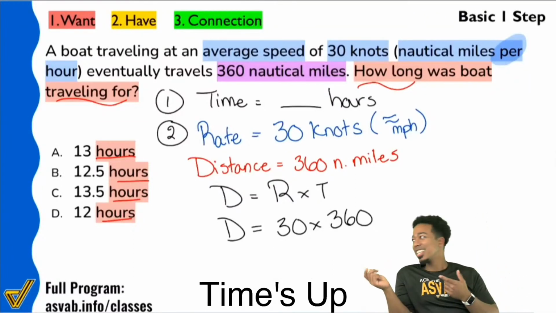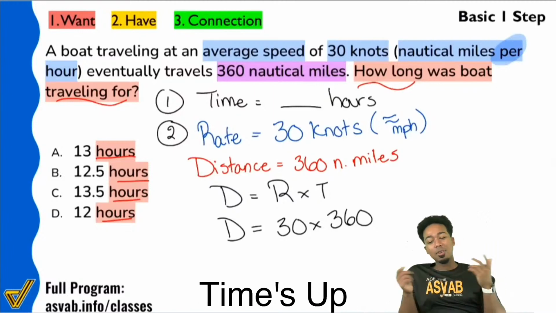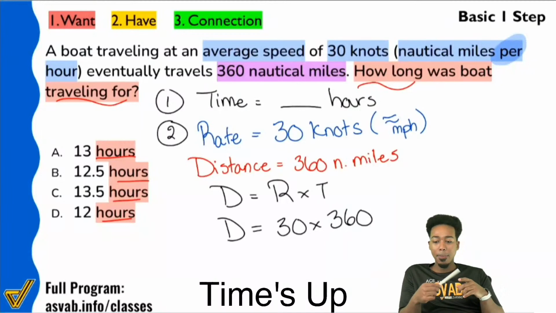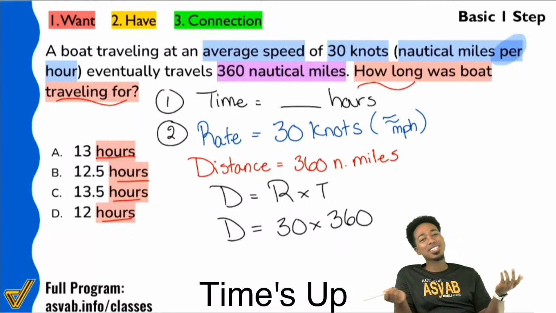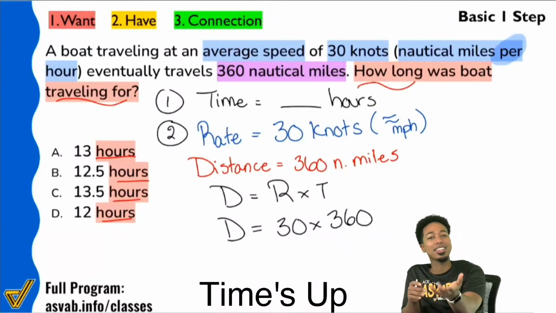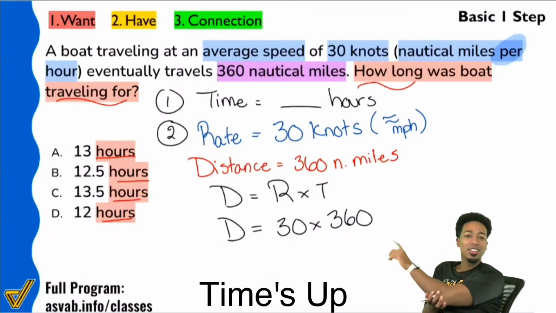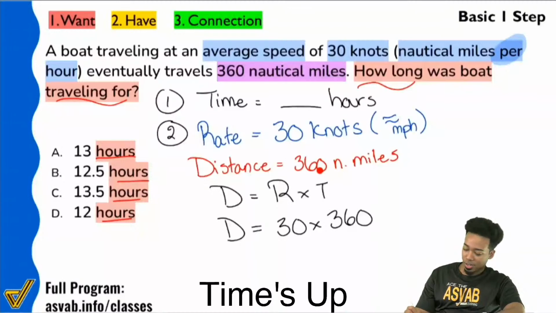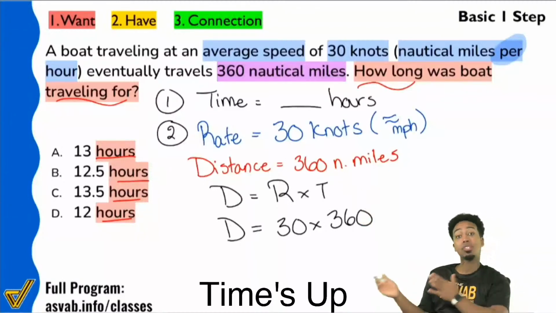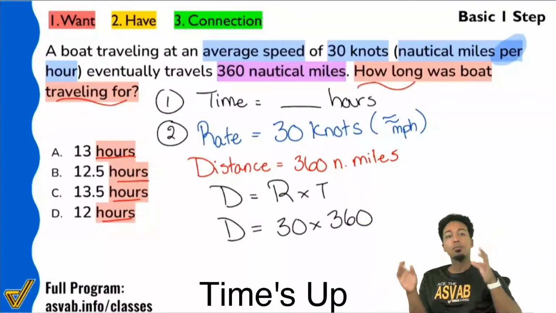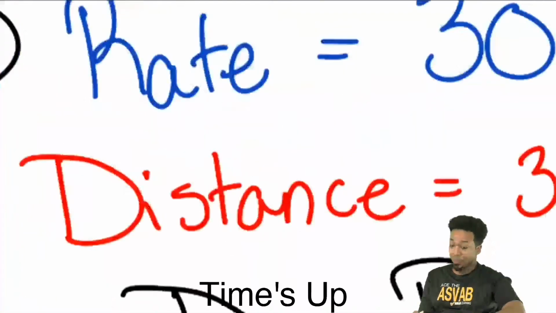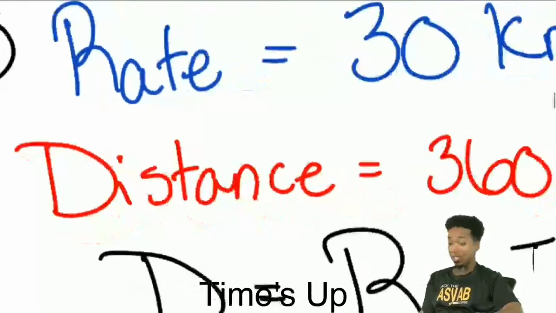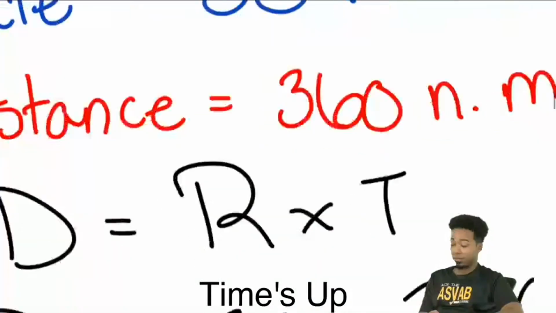No, in this case, that's not correct. What did I place in the wrong spot? What did I ignore? Right. In this case, we're going to have to divide to get the correct answer, because the mistake I made was I assumed that the 360 belonged in the time spot. That's not the case. Notice what it says: distance equals 360.